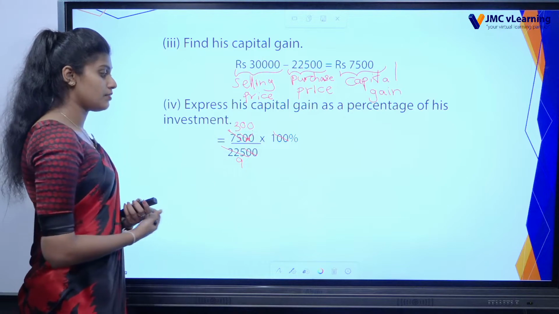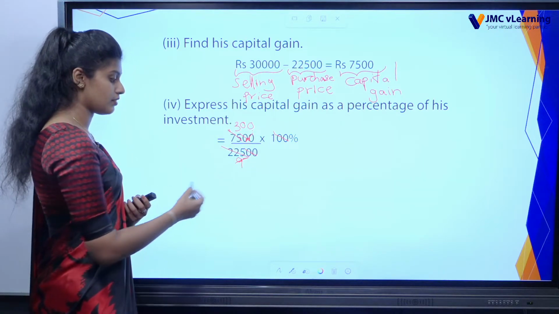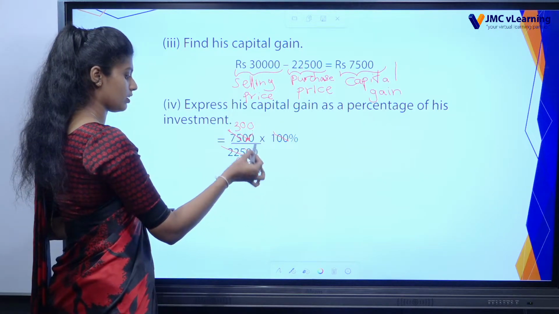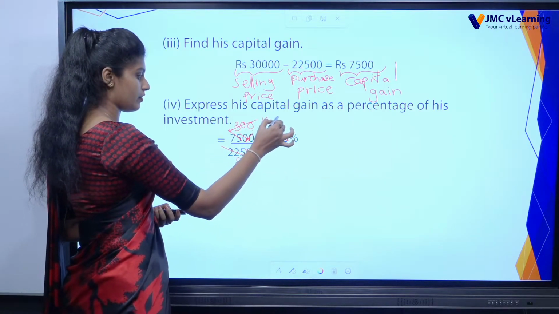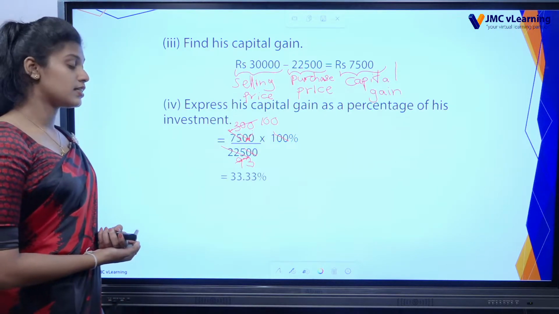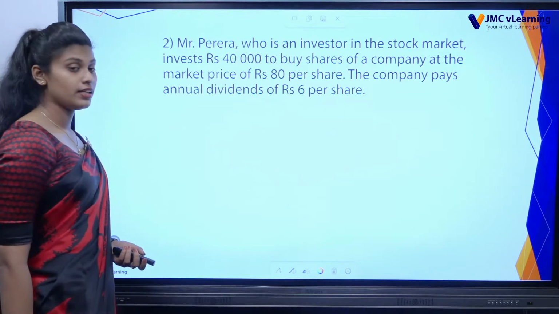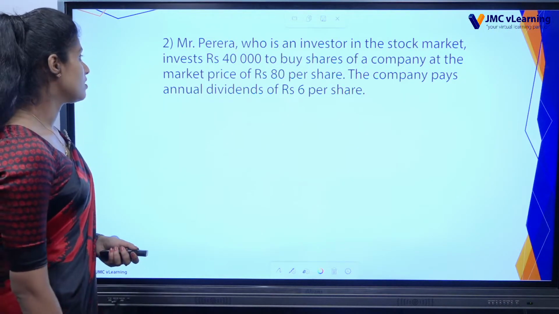Then divide 3,000 by 9. First let's divide by 3. Here 3, here 100. Then 100 divided by 3. The answer is 33.33%. Then let's move to the next example.